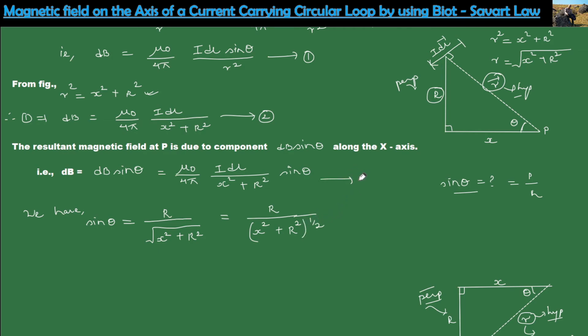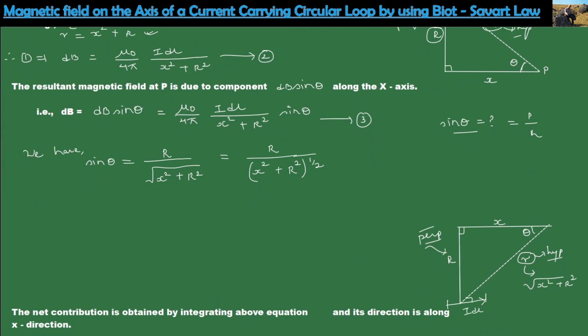So let us mark this as equation number 3, which means that equation number 3 reduces to dB equal to mu naught divided by 4 pi, I dl divided by x square plus r square, into the value of this sine of theta.